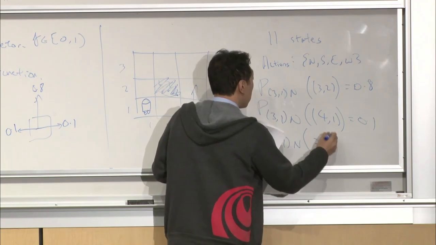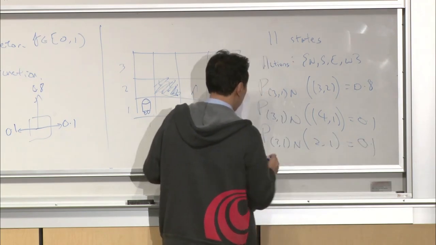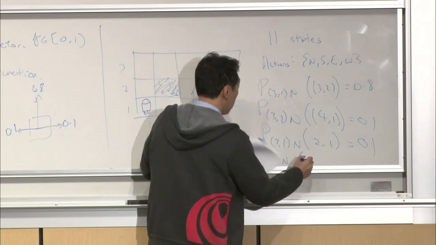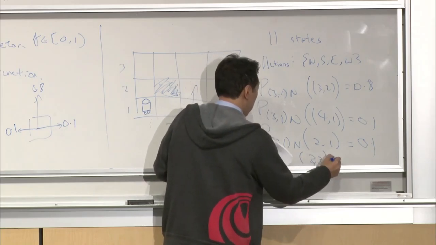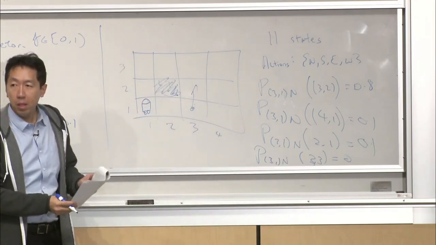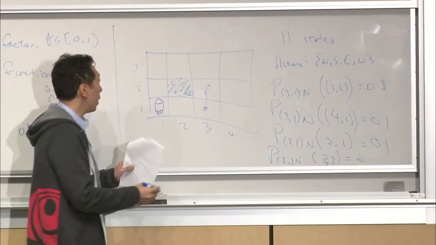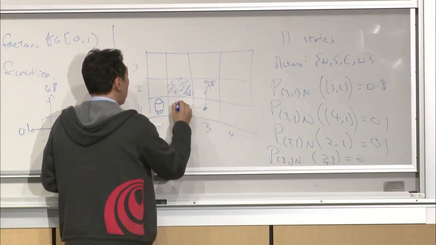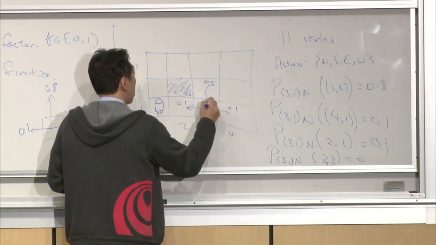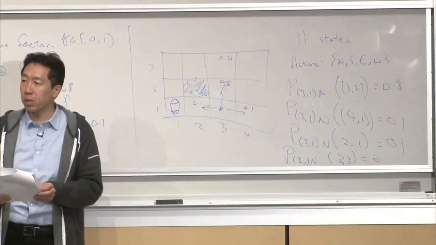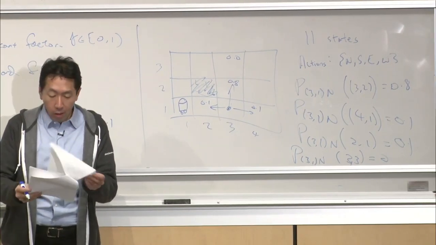Chance of getting to (2,1) is 0.1. And the chance of getting to other states, like (3,3), is equal to 0. Okay, so the state transition probabilities would capture that if you're here, instead to go north, there's a 0.8 chance of getting here, 0.1 chance of getting here, 0.1 chance of getting here, and like a 0.0 chance of hopping 2 steps. Okay.